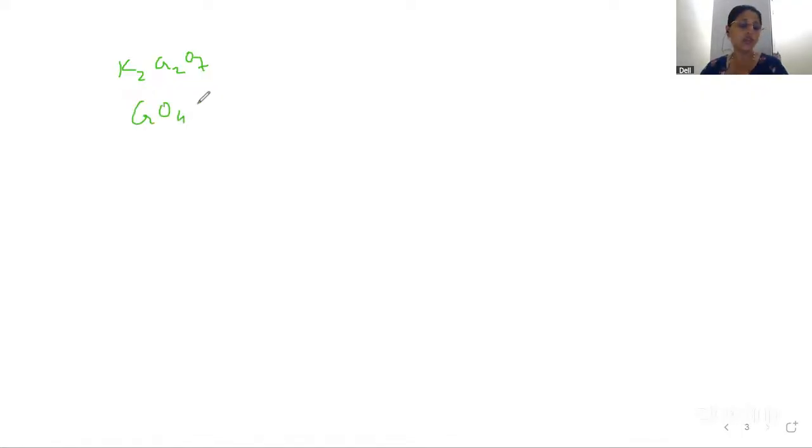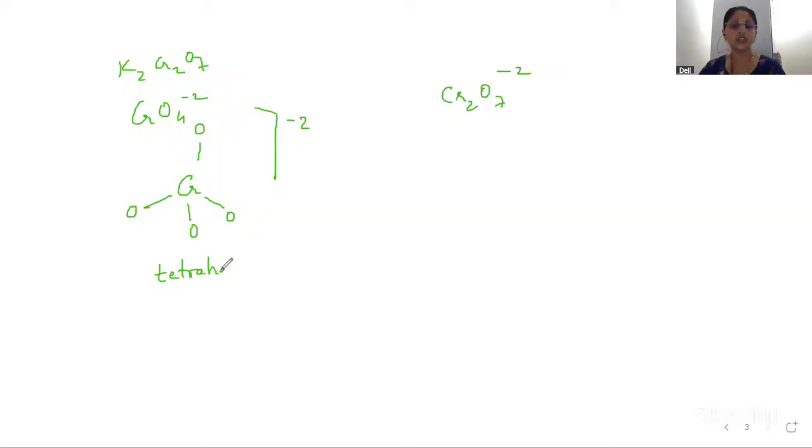CrO4, this is chromate ion, CrO4 minus 2. Dichromate ion is Cr2O7 minus 2. If you look at the chromate ion structure, Cr with oxygens, and the charge is minus 2. It has a tetrahedral structure. This is a frequently asked question, asked in multiple questions.